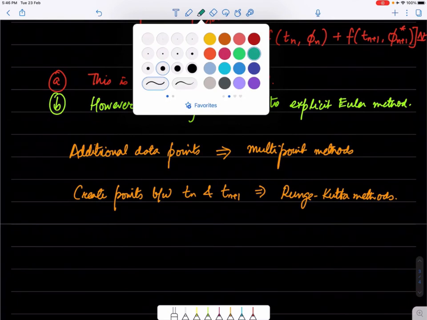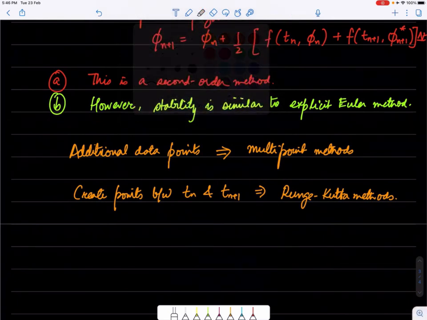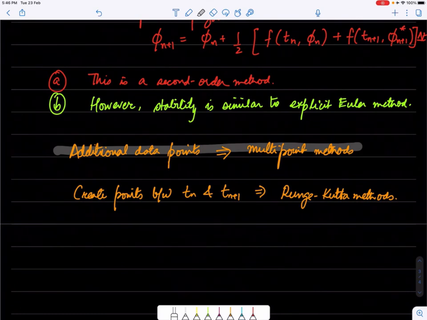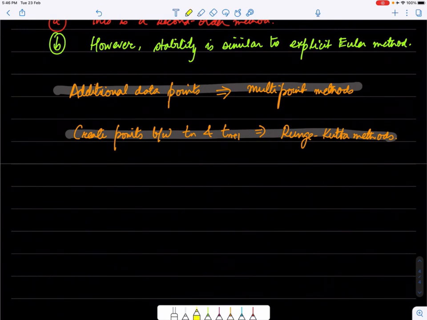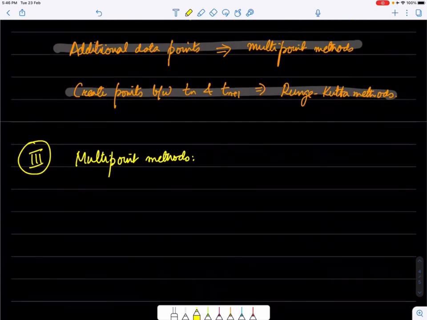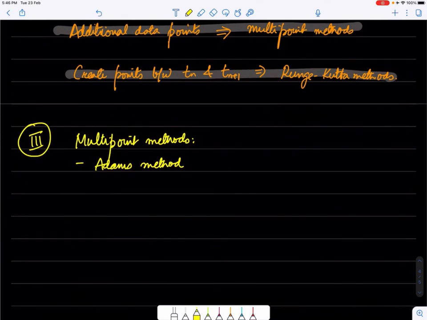So let me first explain what I mean by the multi-point methods, and then I will explain what the Runge-Kutta methods are. So let's start with the third category of methods, which I am calling the multi-point methods. Now the best known multi-point method is the Adams method, and the principle is very simple: it is obtained by fitting a polynomial to the derivatives at a number of points.